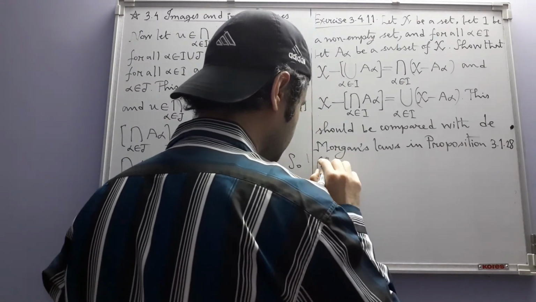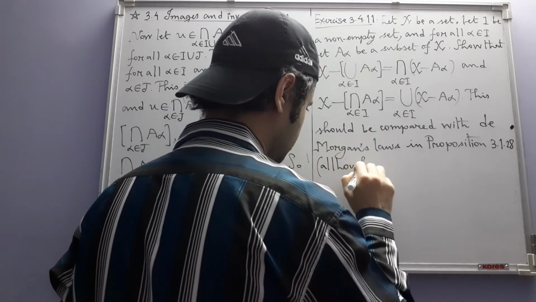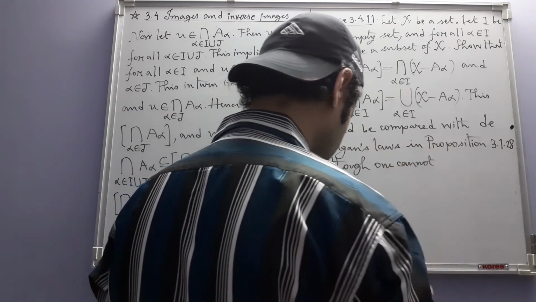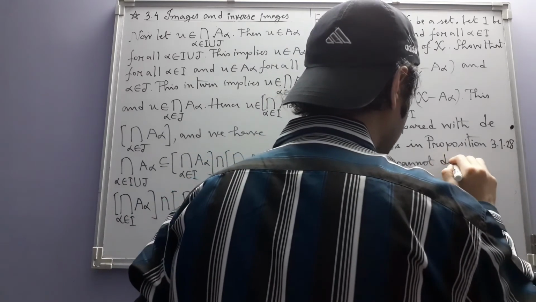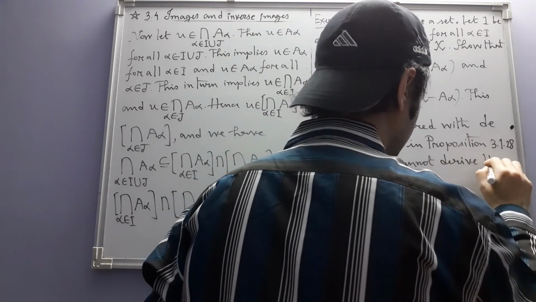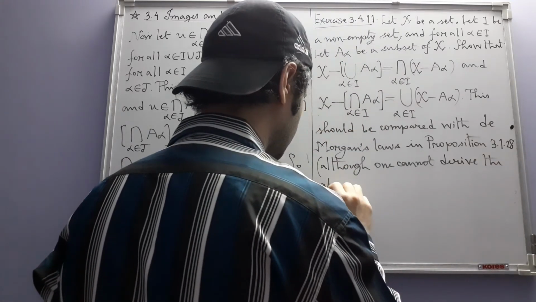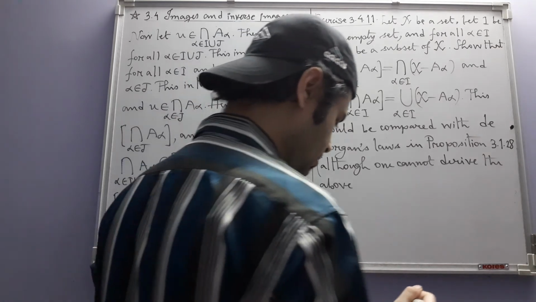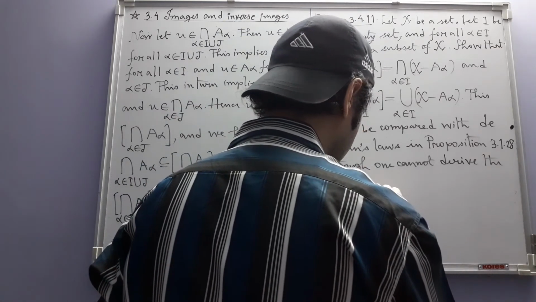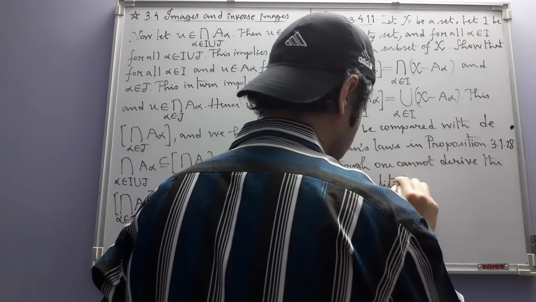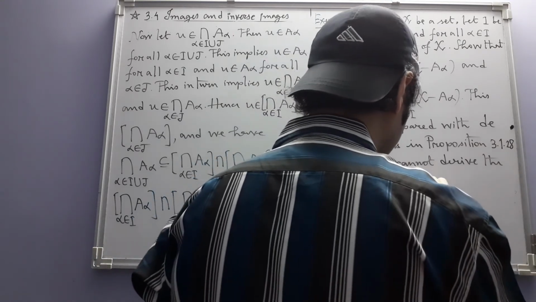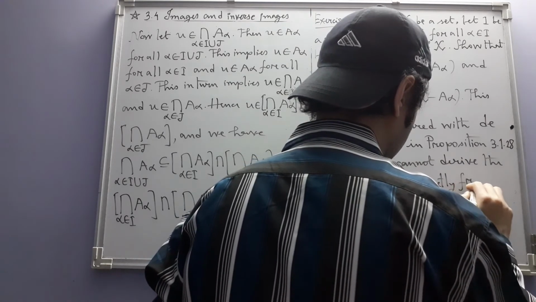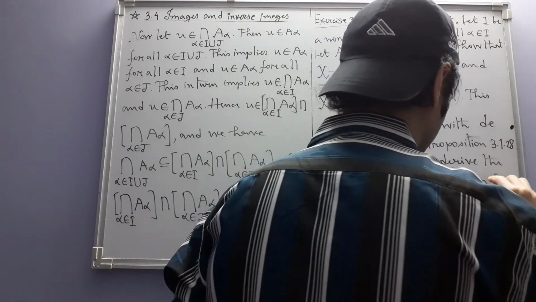Although one cannot derive the above identities directly from De Morgan's laws. Oh, it's raining, I think.